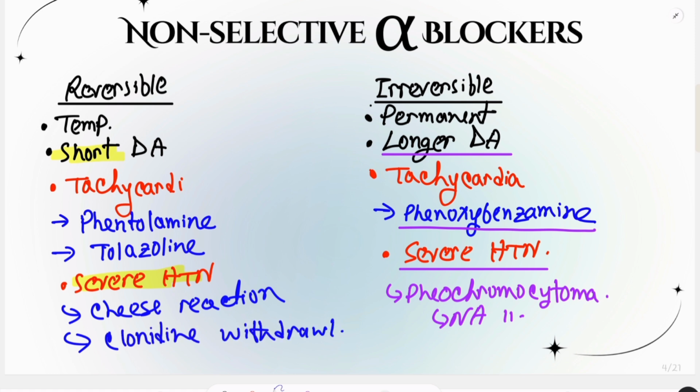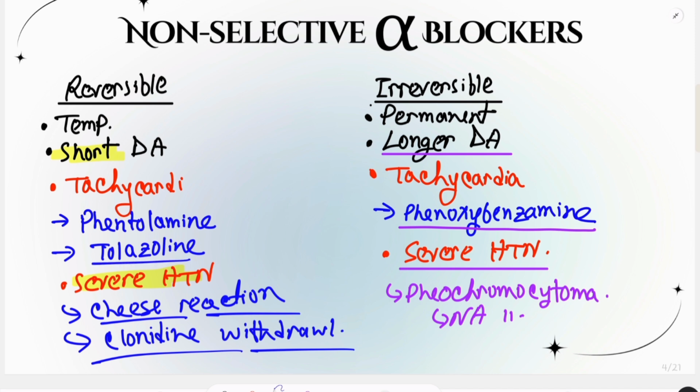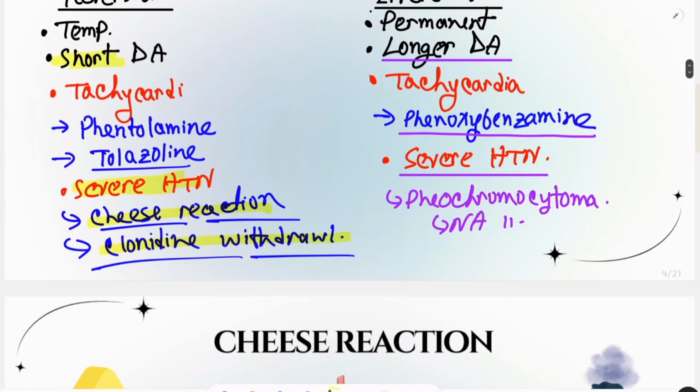In these two conditions, the blood pressure is severely high, which can even lead to death of the patient. So to manage these two conditions, we can use phentolamine and tolazoline. The actual mechanism of these two clinical conditions we will discuss now.